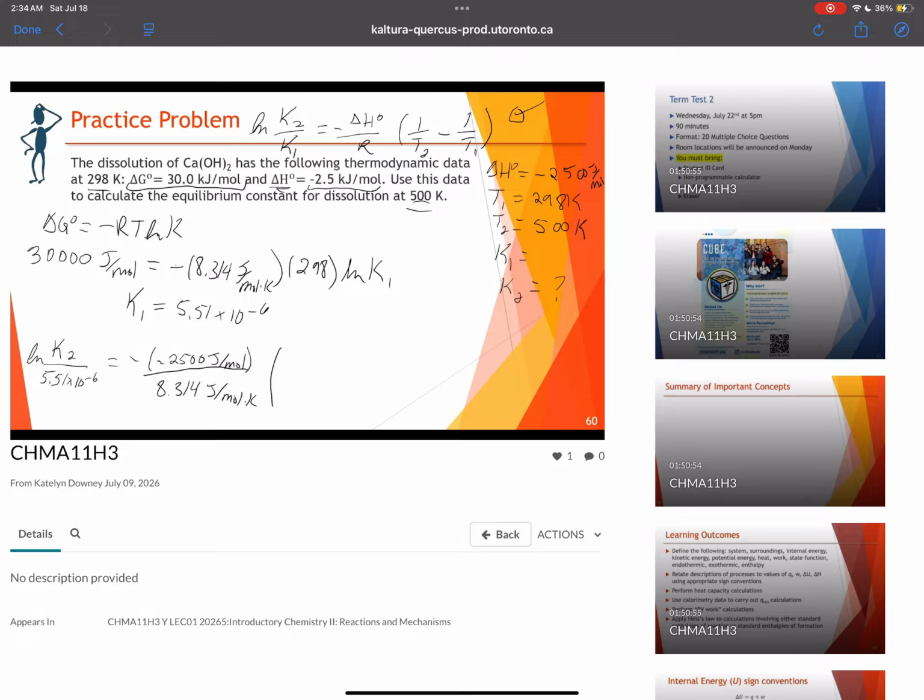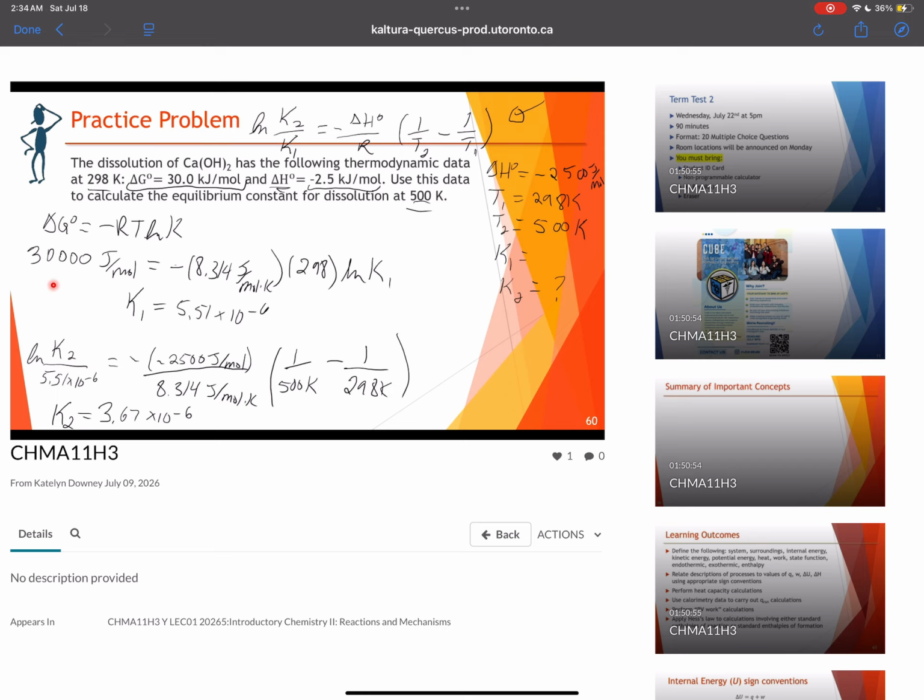And then all of this times 1 over T2, my T2 is 500 Kelvin, minus 1 over my T1, which is 298 Kelvin. And when I do out the math, I get a K2 value of 3.67 times 10 to the minus 6.